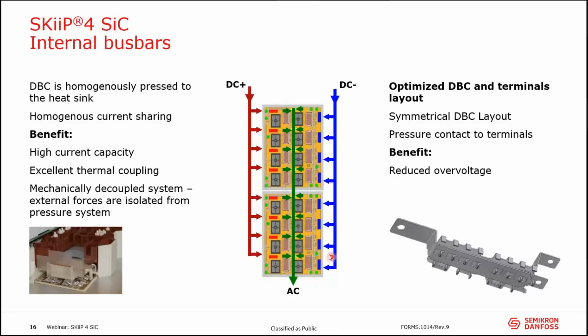In the picture, we have a standard module, so it's not a silicon carbide layout, because this picture is only to explain how we make the construction of the bus bars.